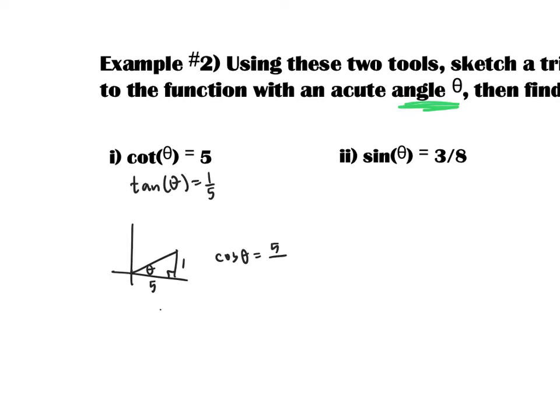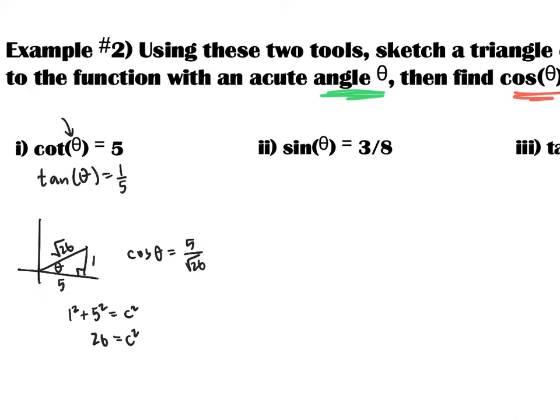So Pythagorean theorem would tell me I'd take 1 squared plus 5 squared, set it equal to c squared. That's going to be 26 is equal to c squared. So the hypotenuse will be square root of 26. And there you have it. There's the cosine of theta if the cotangent of theta is 5 and the angle is acute.